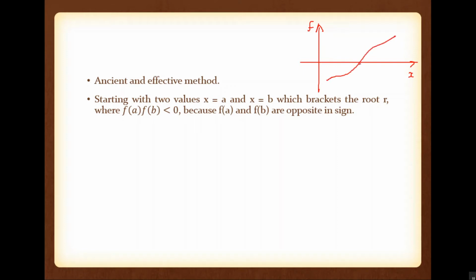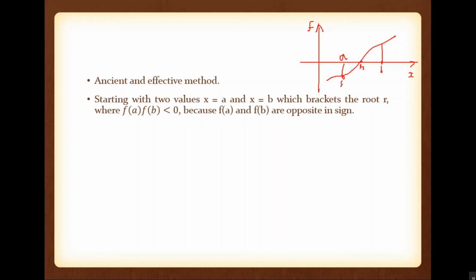So you can see that at this particular point f of x equal to 0. So this is actually the root of this function, one root of this function. This function may have more than one root. This is one root. So say we are taking this one as one initial condition, that is a. This is another initial condition, that is b. And value of function at a is this one, so that is f of a.